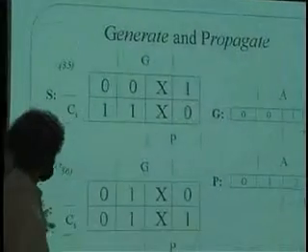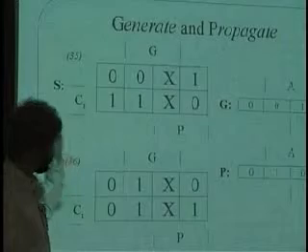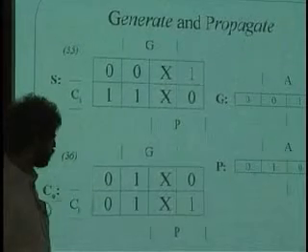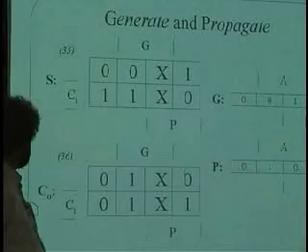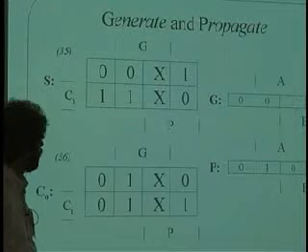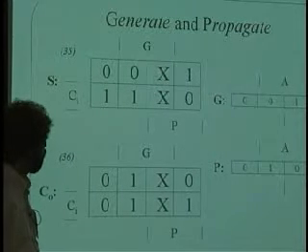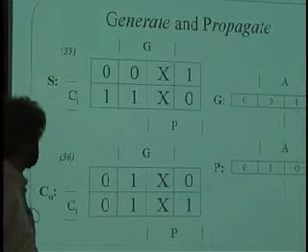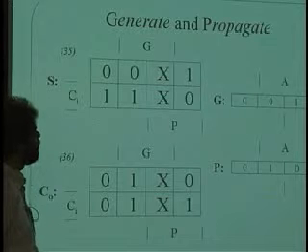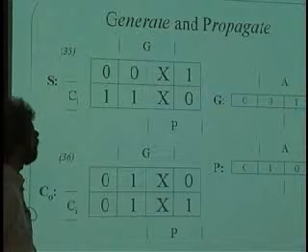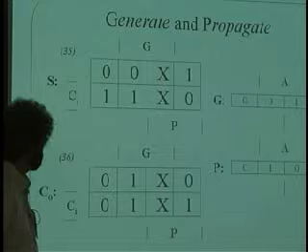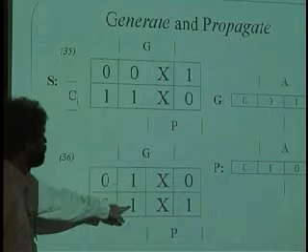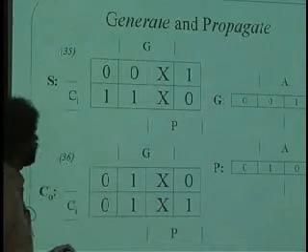And so I change the description of these things as follows. The carry out bit. If the generate bit is a 1, then I go ahead and I say I'm going to generate a carry over here. And I'll explain why these are x's in just a second.